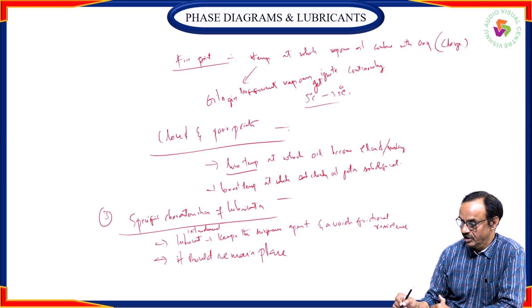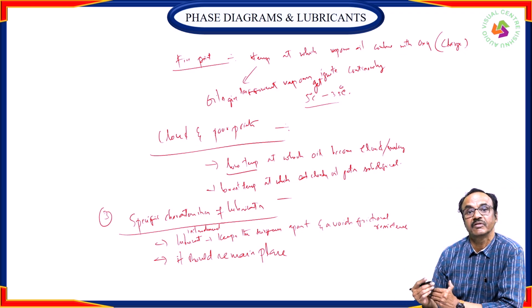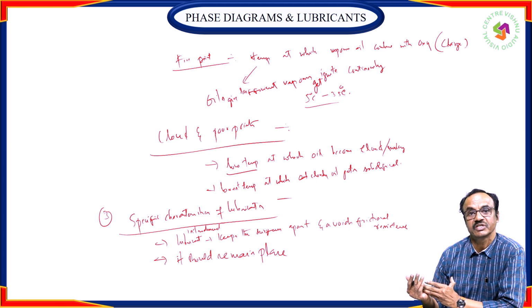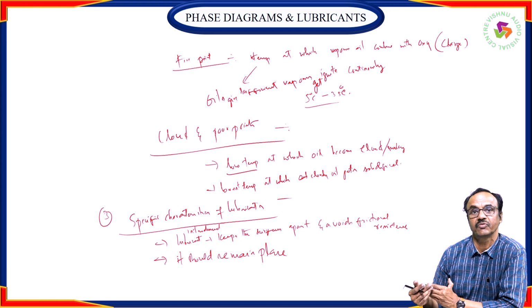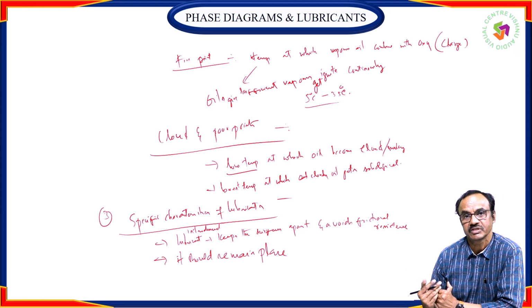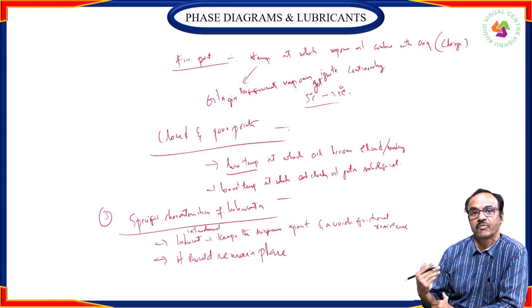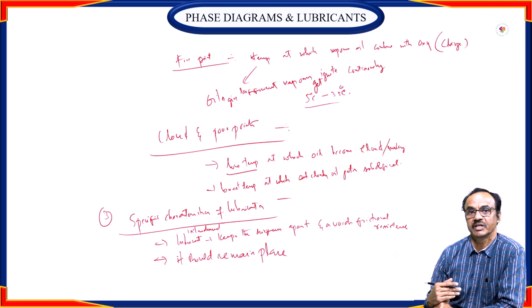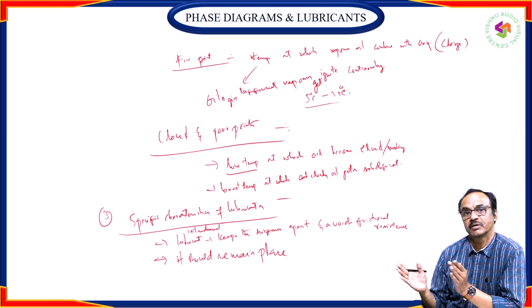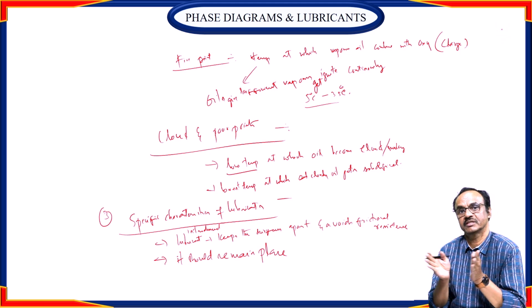So it should remain in place. As long as viscosity is there, it will remain in place. Once its flowing nature increases, it flows out of the machinery. Once it loses its oiliness or viscosity, it will flow out of the machinery. As a consequence, moving, rotating surfaces touch each other.